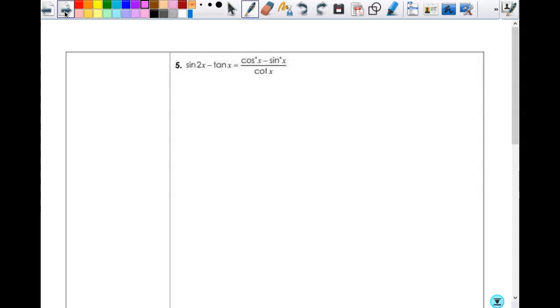All right, so let's look at number 5. I think the right side looks more complicated. Would you agree? Okay, so let's make the left side our goal. So sine 2x minus tangent x. All right, so now look at the right-hand side and tell me what's going on in the numerator.